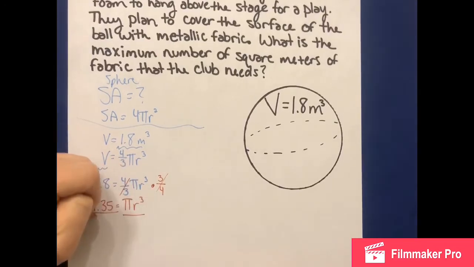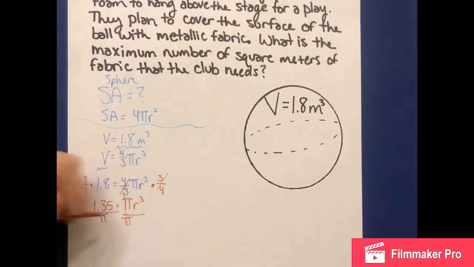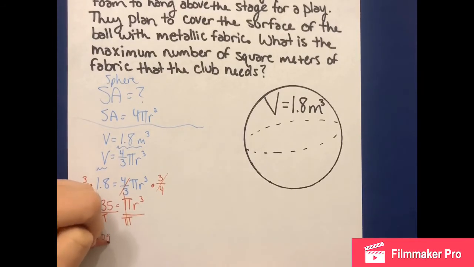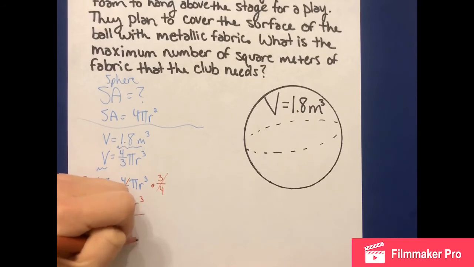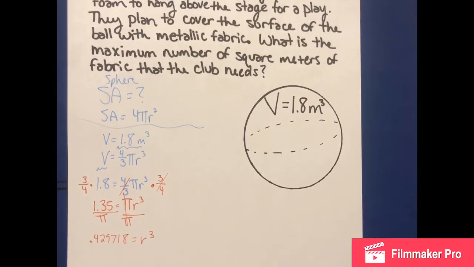I'm going to divide this by pi, cancels out. Over here, I'm left with 0.429718 equals r cubed. I'm just going to keep as many decimals as I can for right now, that I think is going to affect it. So this is r cubed.